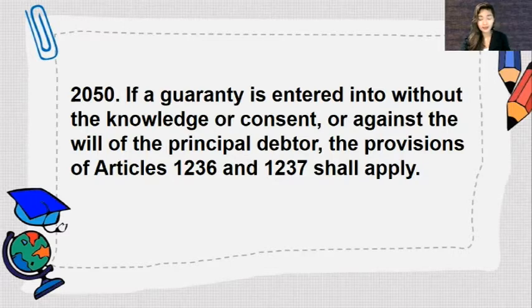It exists for the benefit of the creditor and not for the benefit of the principal debtor, who is not usually a party to the contract of guarantee. The creditor has every right to take all possible measures to secure the payment of his credit. It can be constituted without the knowledge and even against the will of the principal.